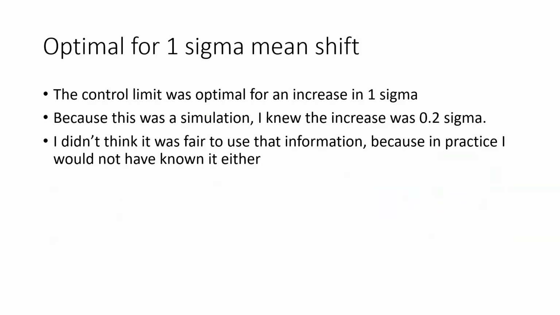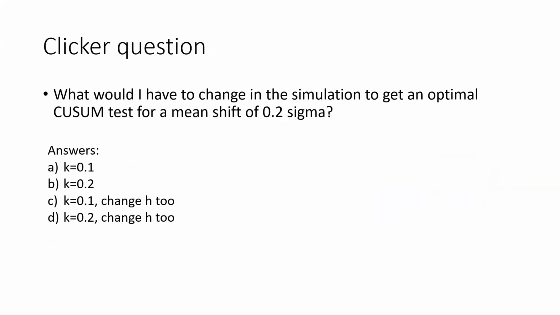And so I wanted to use the 1 sigma instead. But if I knew it was 0.2 sigma, that's a very, very small shift, right? So if I'm wrong on that, then I'm going to get lots of false alarms that I don't want. Then I can figure out the optimal values.